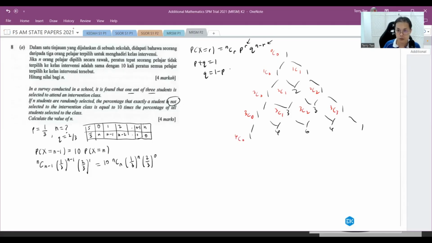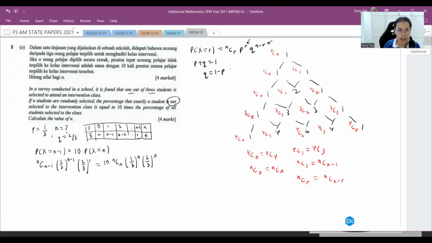This will be 4C0, 4C1, 4C2, 4C3, and 4C4. Now notice this nCr notation, they are actually symmetrical. That is, 4C0 is the same as 4C4. 4C1 is the same as 4C3. Now it works for everything, like nC0 is the same as nCn, nC1 is the same as nC(n−1), right? In fact, nCr is the same as nC(n−r).